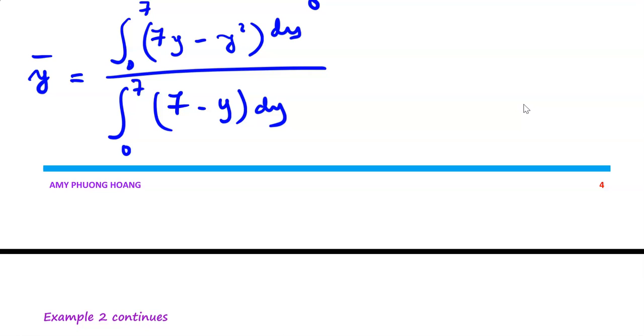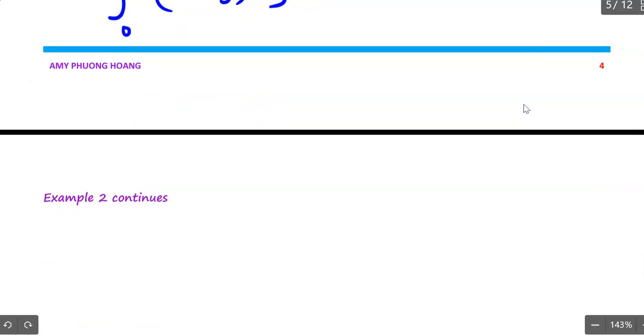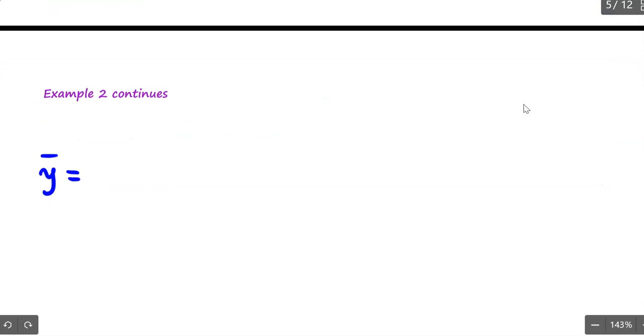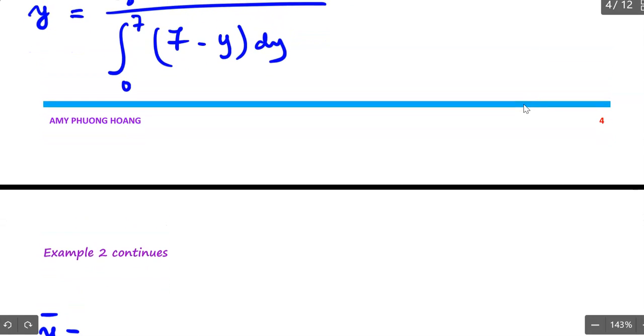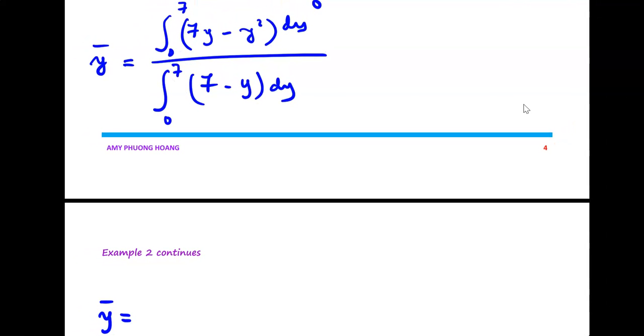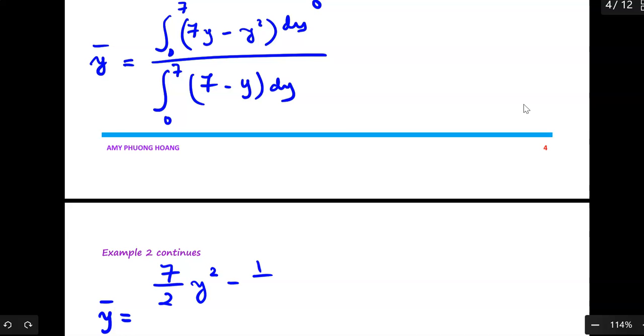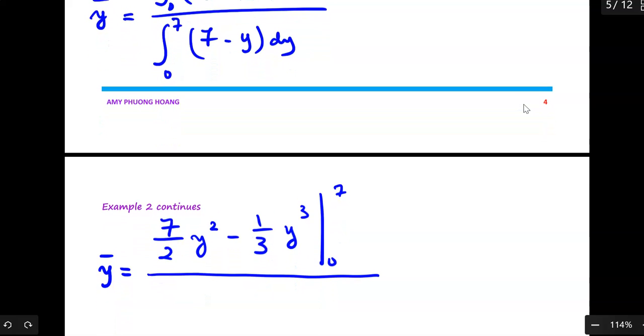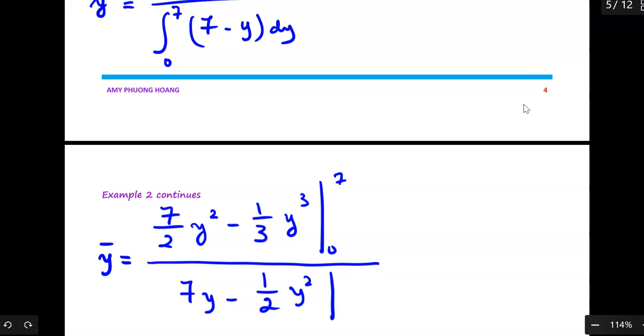Let's just write it on the next page. So I should have y bar equal to the integral of 7y, which will be 7 over 2 y squared, subtract 1/3 y to the exponent 3, evaluated from 0 to 7, and the bottom is the integral of 7, which is 7y, subtract a half of y squared, evaluated from 0 to 7.